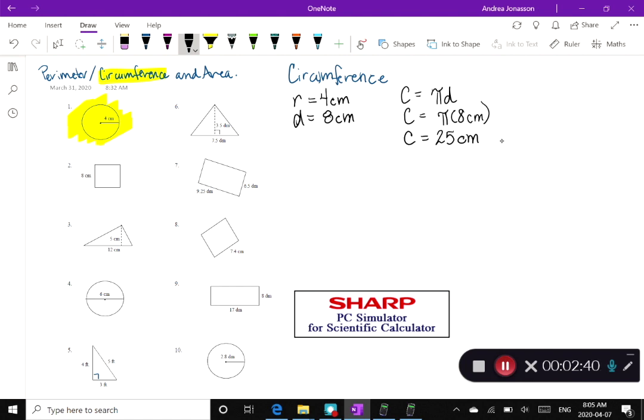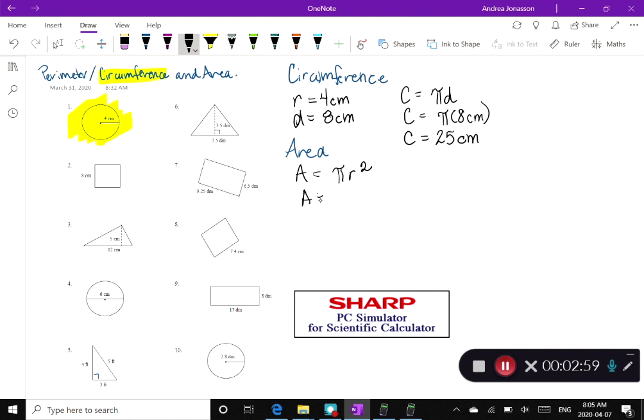Okay, let's do the area now. The area of a circle is equal to pi r squared.